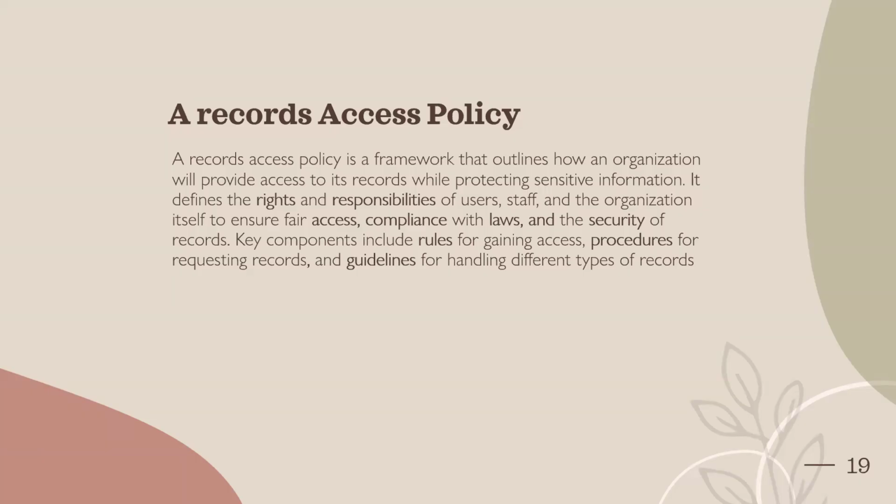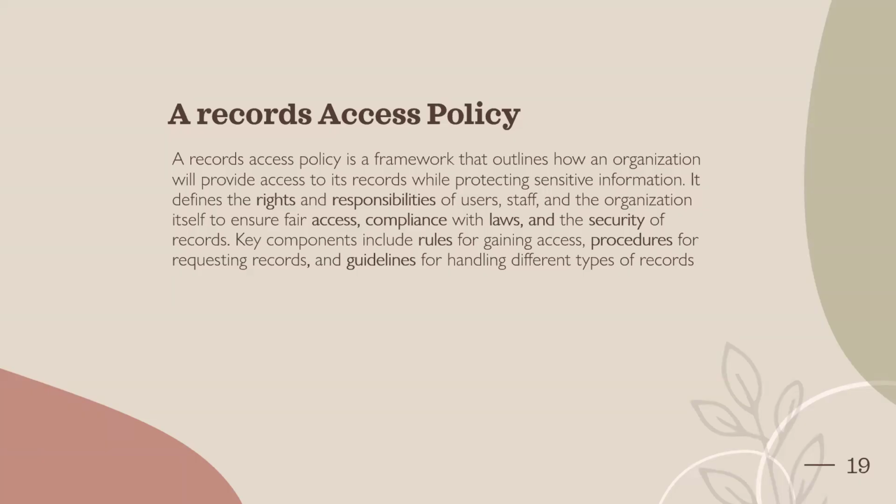The records access policy that the university has put in place also complies with the records management and access policy of the government of Uganda. So for us to operate well and not fail, we need a records access policy in place that complies with the government of Uganda records access policy. Key components include rules for gaining access.